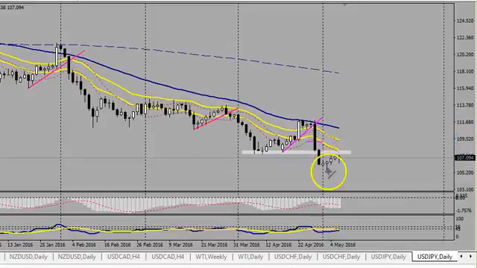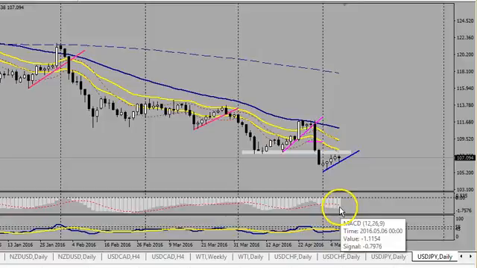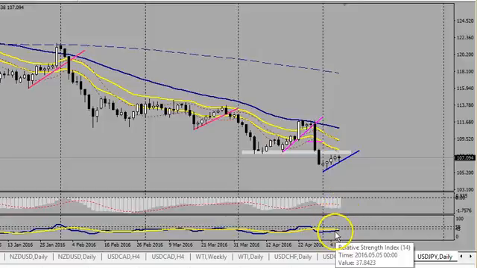We are looking for a break of that trend line, getting in right about there. A sell stop order right about there. Your stop loss will be very tight this time, just above the highs of these candles for an aggressive sell stop, or a little bit higher. You can see the histo bars are well below zero. The blue line is below the yellow here. So that is about it.